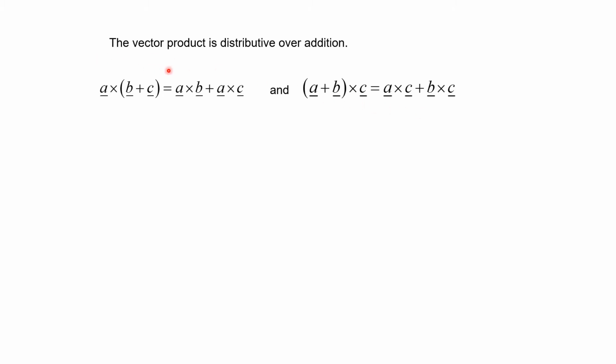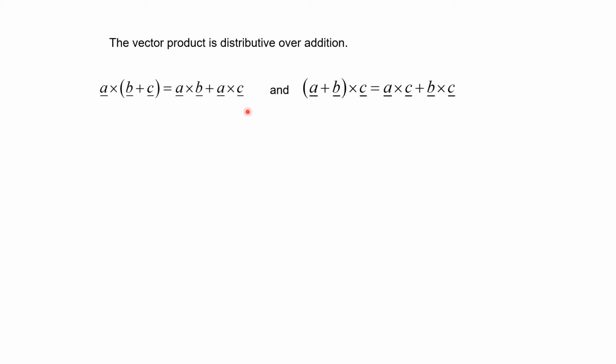The vector product is distributive over addition. This simply means that if you have A cross product with B plus C, you can cross product each individual, A cross B, and add it with A cross C, because it's distributive over the addition.